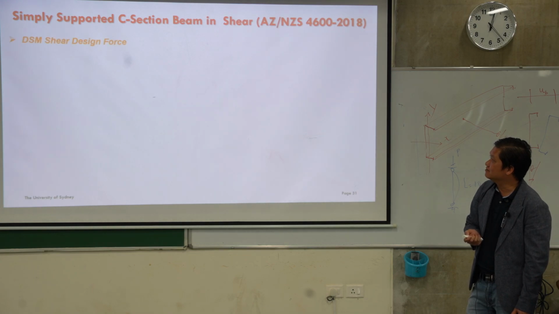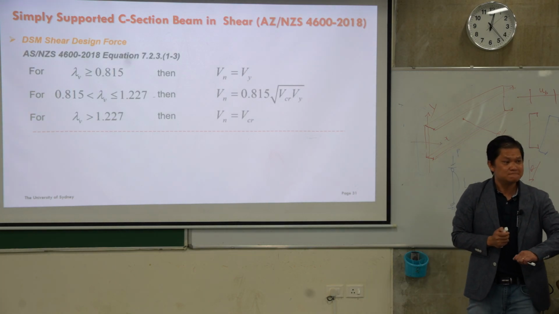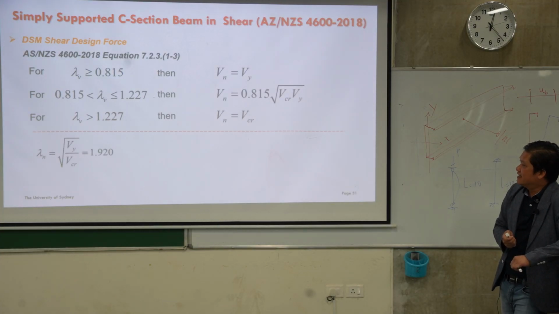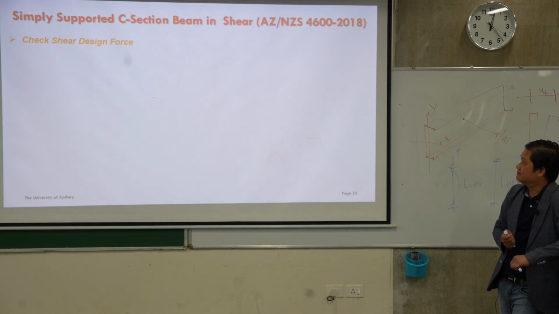And from that, you get the direct strength curve for shear, also depending on the slenderness. Then you can calculate the lambda similarly, and then you get to the end in here.